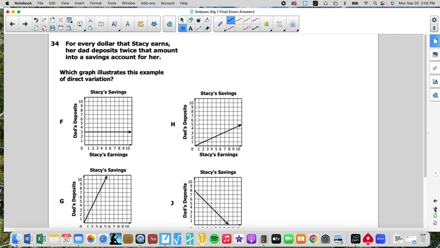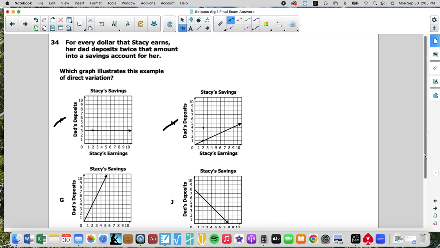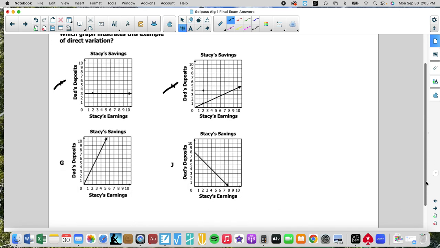Well, no, if Stacy puts in 2, we would expect dad would deposit 4. So this is not it. This is Stacy inputs 2, her dad inputs 3. Nope, that's not double. Stacy inputs 2, her dad should deposit 4. Stacy inputs 2, dad deposits 4, so it's G. That's how I would do that problem. A little logic.